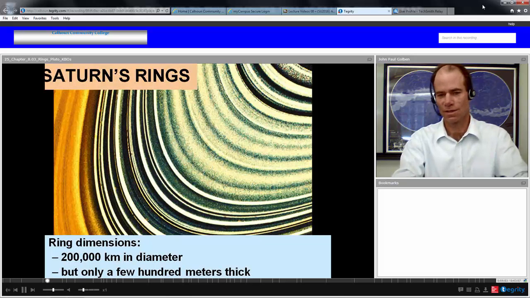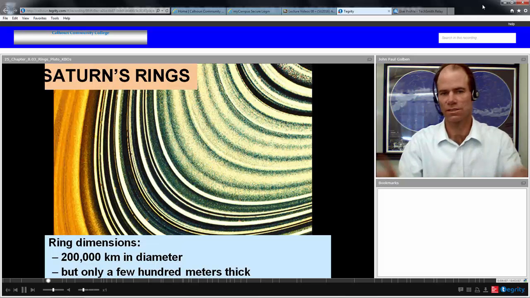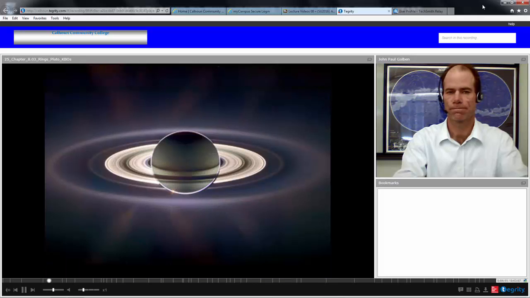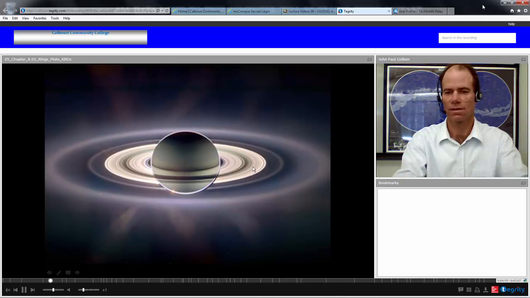So the ring system itself is relatively thin in relation to the diameter of the ring system. Here's a backlit picture of Saturn and the ring system. This is a recent picture, and it's pretty neat, I think. But it clearly shows the features of the Saturnian ring system.